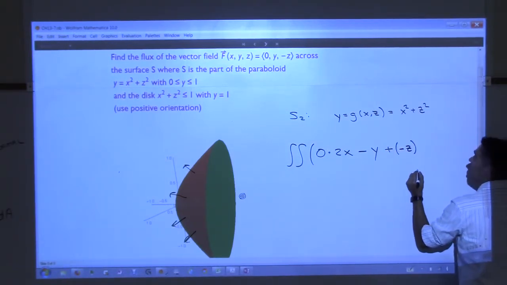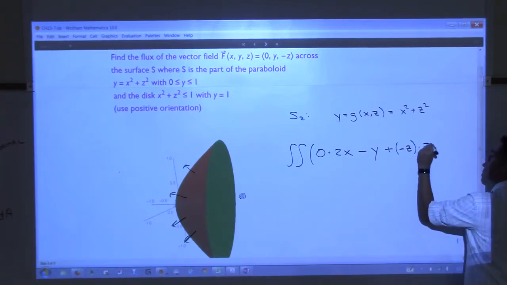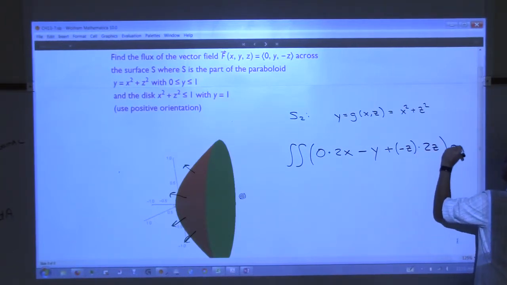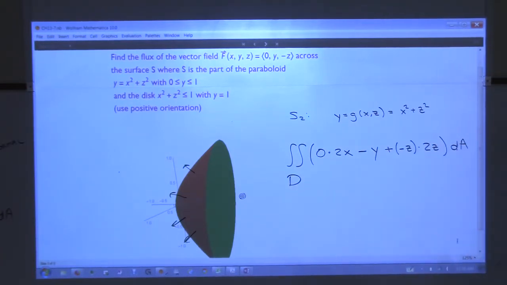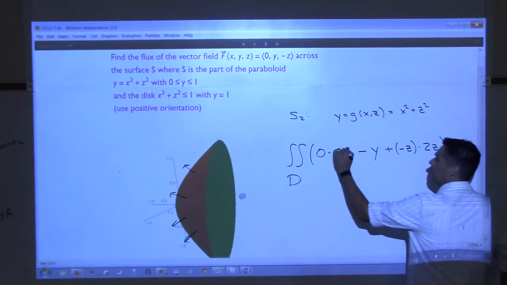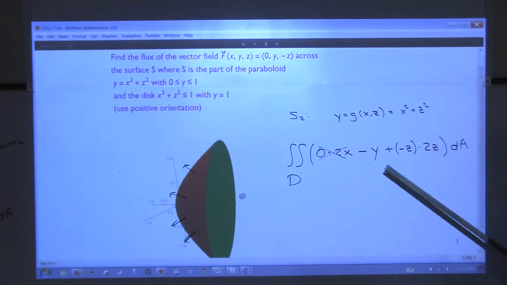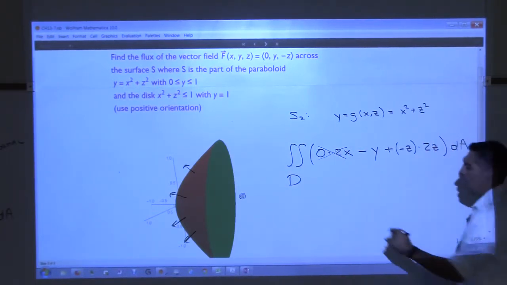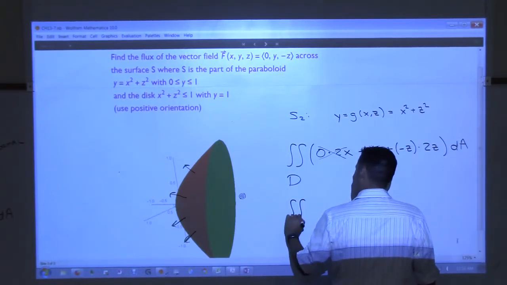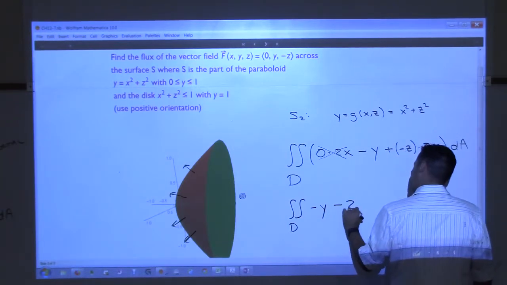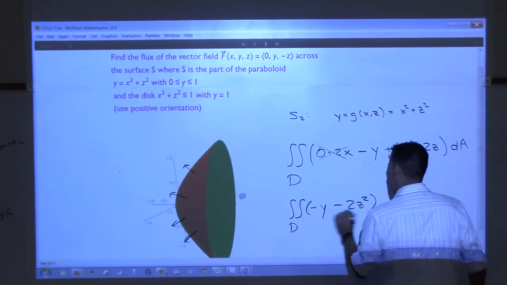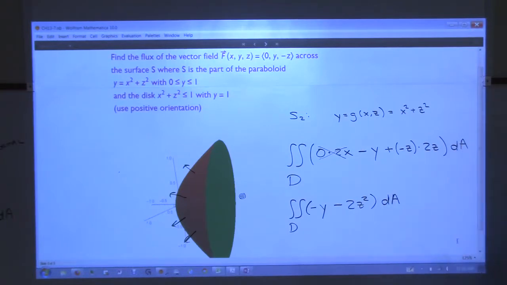And then partial of g with respect to z, which would be 2z. dA, and I forgot to put D down here. So this goes away, right? And we have negative y minus 2z squared dA. So that's what I'm trying to do a double integral of.